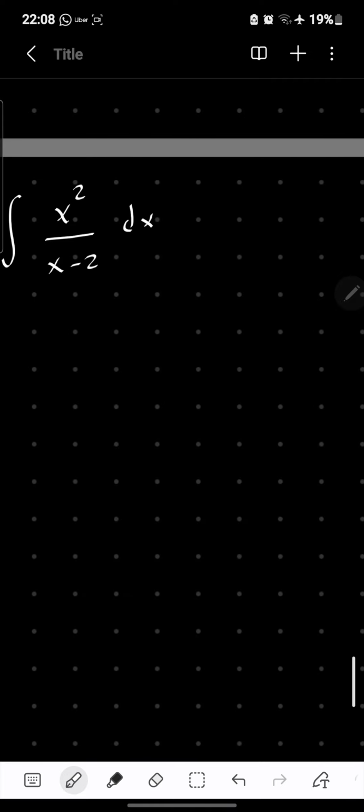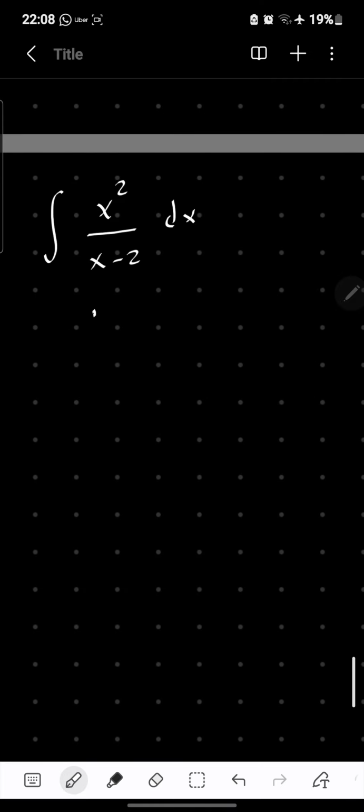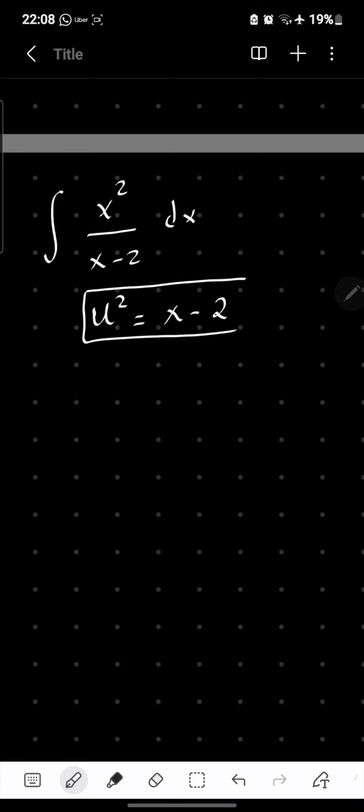If you are asked to integrate x^2 over the square root of x minus 2 dx, we will take u squared equal x minus 2. Don't worry, this substitution will be given in the exam. So when we differentiate, it will be 2u du for dx.